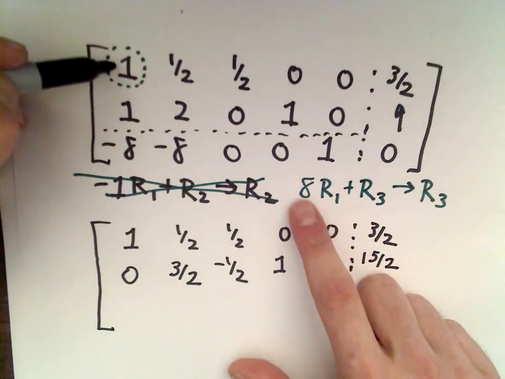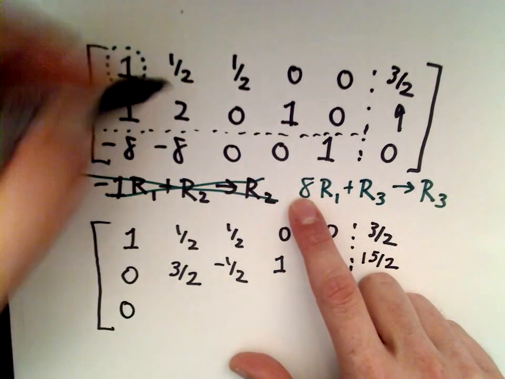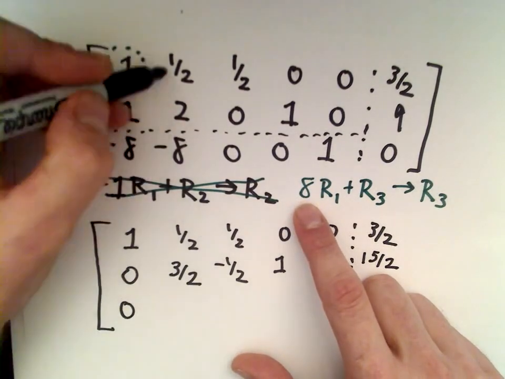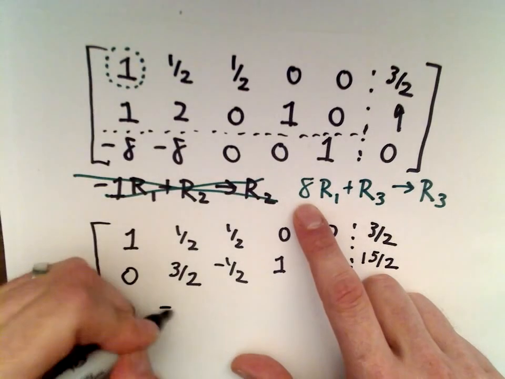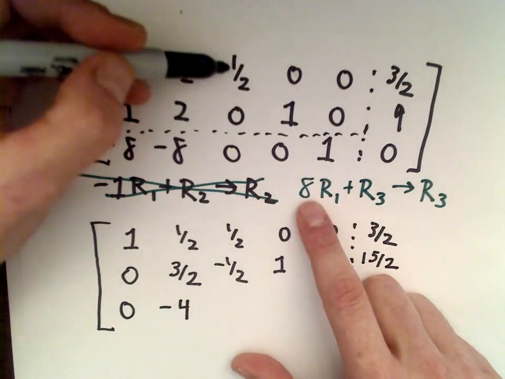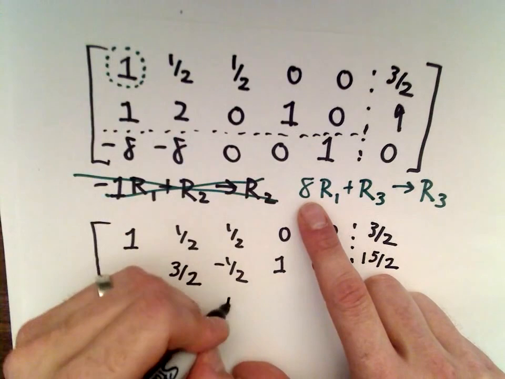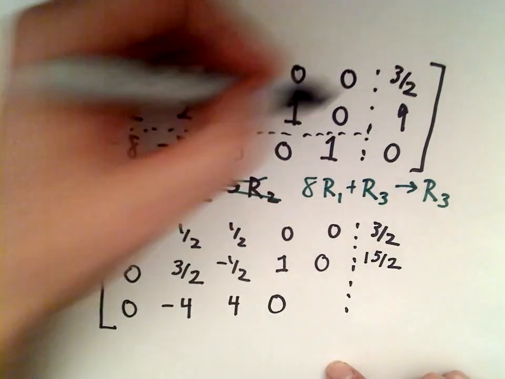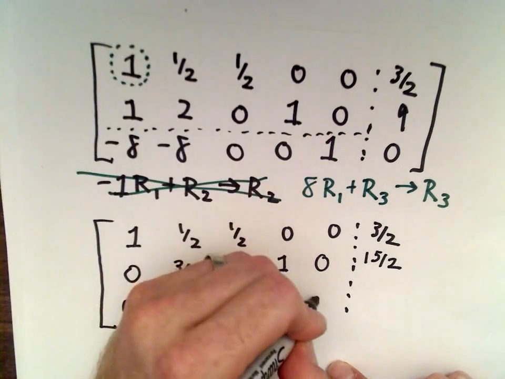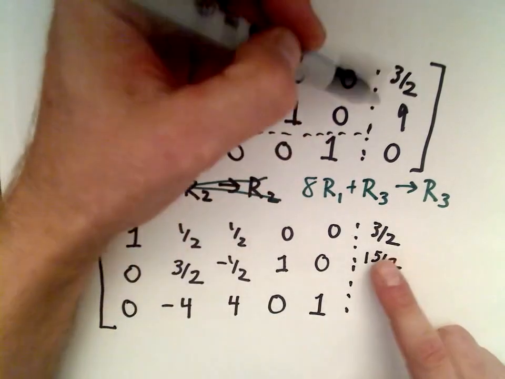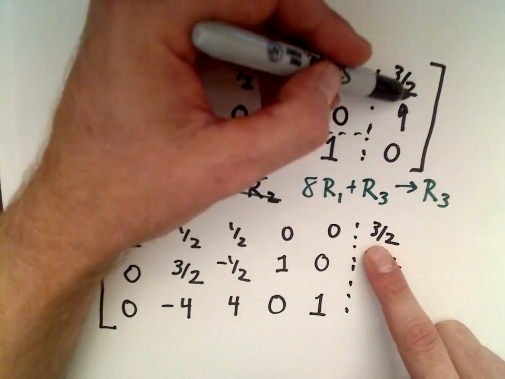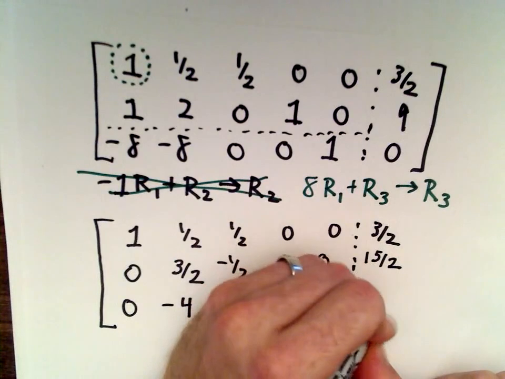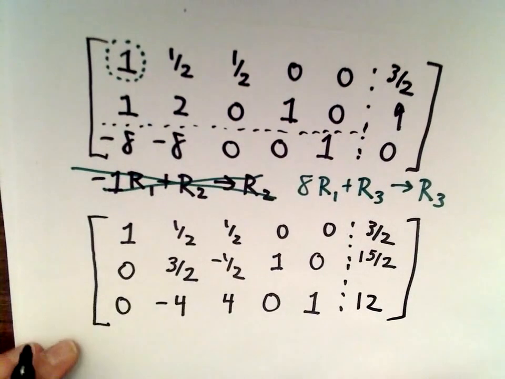So we would have 8 times 1 plus -8 would be 0. 8 times 1/2, that'll be 4, added to -8 will be -4. 8 times 1/2 is 4 plus 0 will be 4. 8 times 0 plus 0 is 0. 8 times 0 plus 1 is going to be 1. 8 times 3/2, well, 8 divided by 2 is 4 times 3 is 12, plus 0 is going to give me 12. Yeehaw!